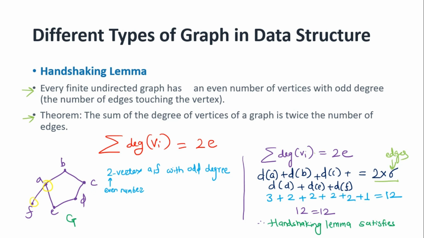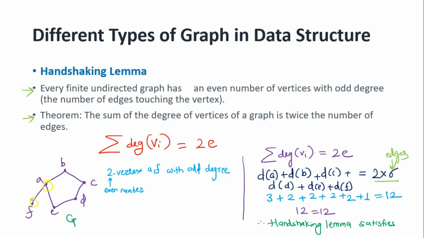Based on this simple graph, we have another sentence, that is every finite undirected graph has an even number of vertices with odd degree. The meaning is that, if in your graph you have some vertices whose degree is odd, we will check how many vertices have odd degree.